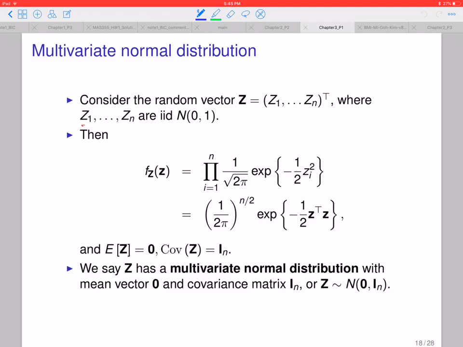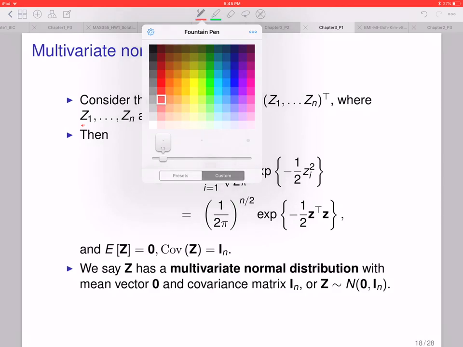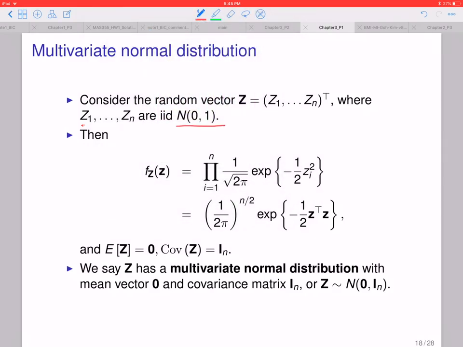Now, to obtain the PDF of the multivariate normal distribution, we start with the standard normal distribution. So independent normal random variables, that's the simplest normal distribution.